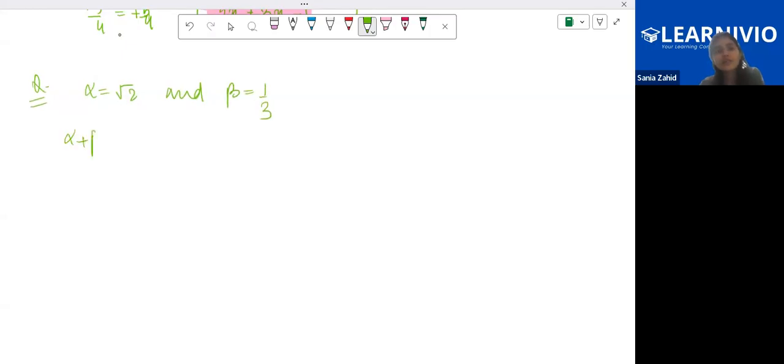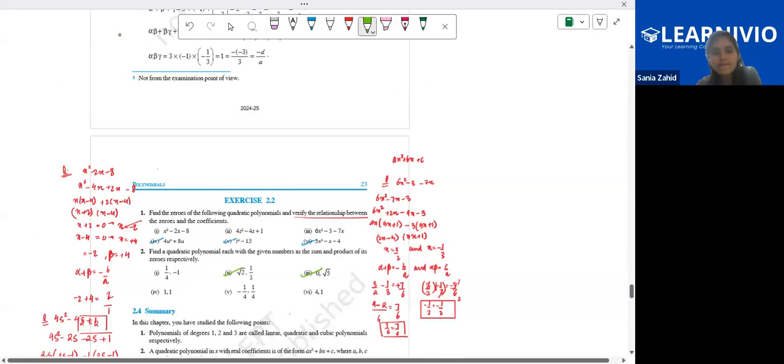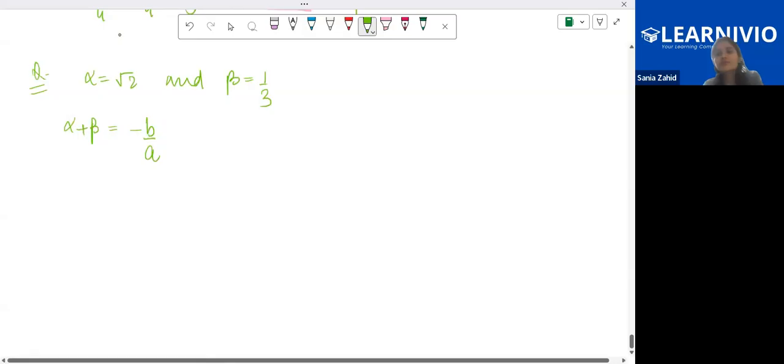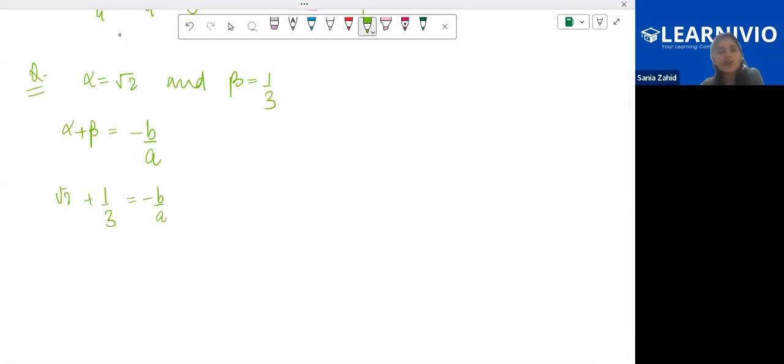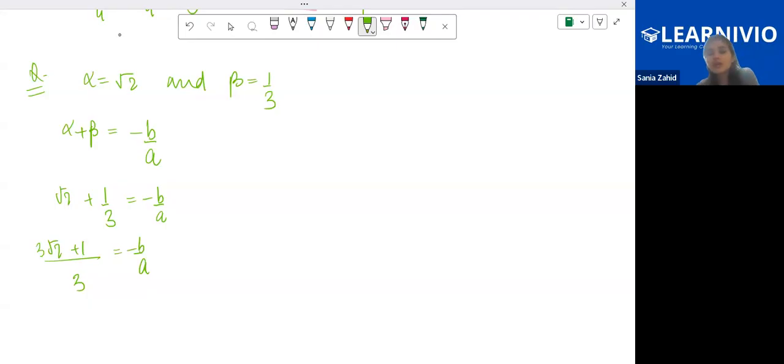So alpha plus beta should be equal to negative b by a. So what do you get now? Root 2 plus 1 by 3 is equal to negative b by a. Solve it, you get 3 as denominator. 3 root 2 plus 1 over 3 is equal to negative b by a. For now, you can leave it here only.